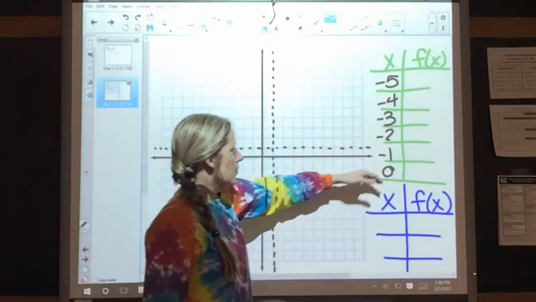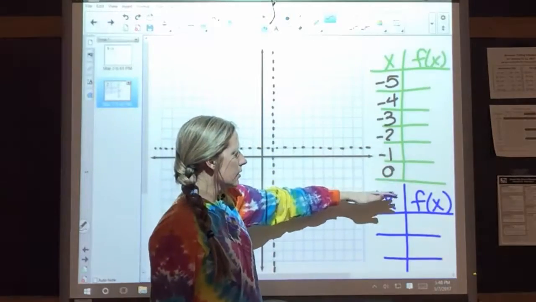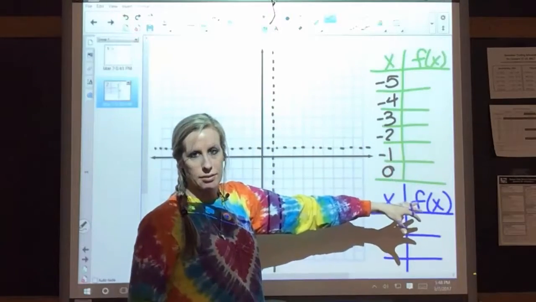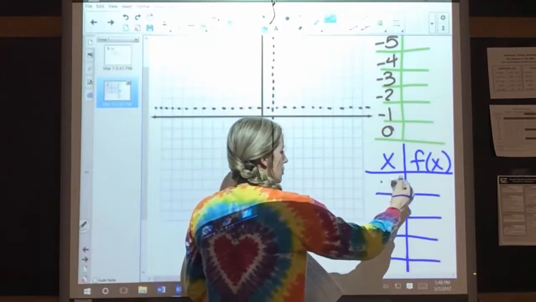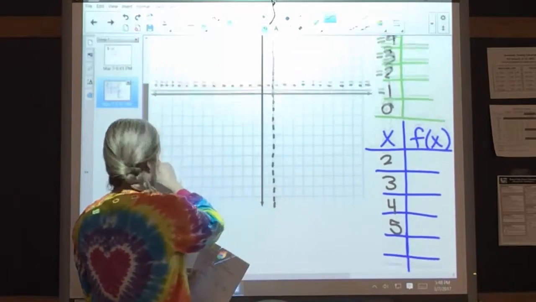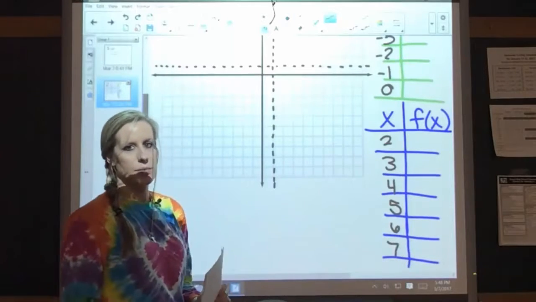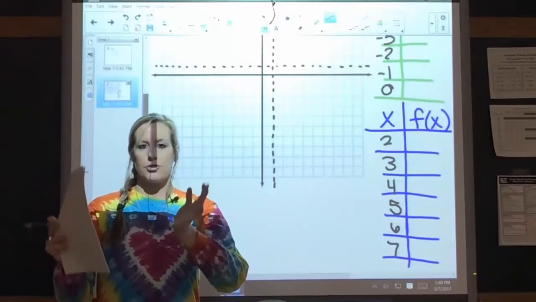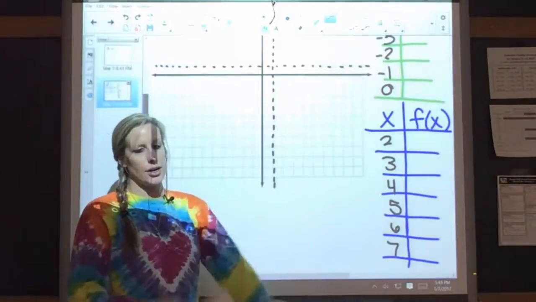And then we're going to skip positive 1 because it doesn't exist. And we're going to go 2, 3, 4, 5, 6, 7 in the other table. So you'll have one table for before the vertical asymptote and one table for after.